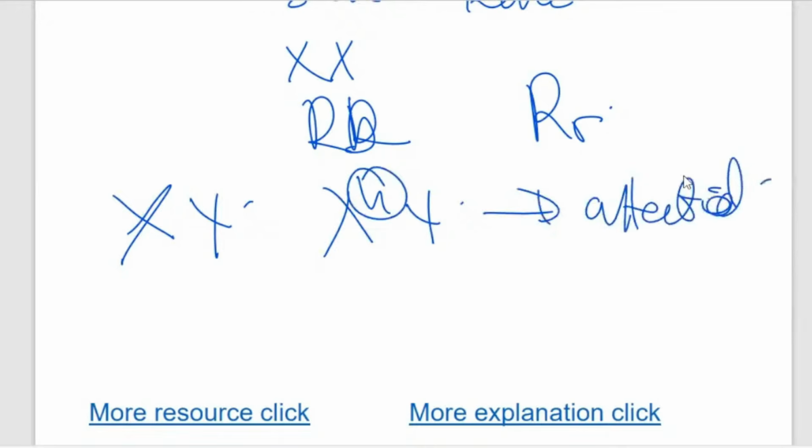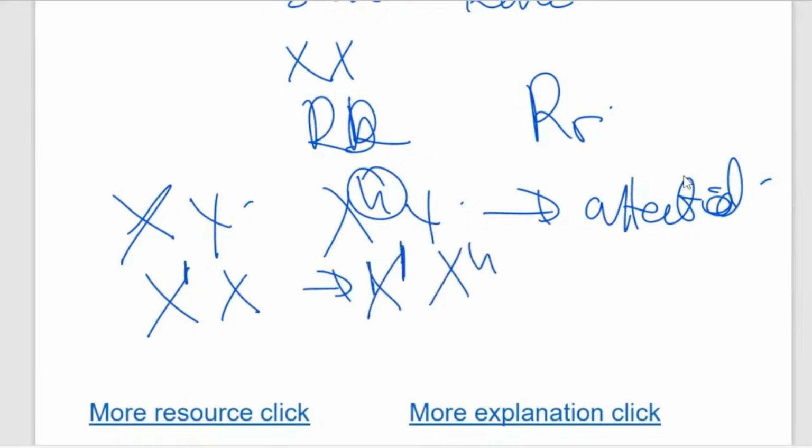While females have 2 X. If a recessive allele appears on 1 X, it can be masked by a dominant allele on the other X. Therefore, the individual is normal.